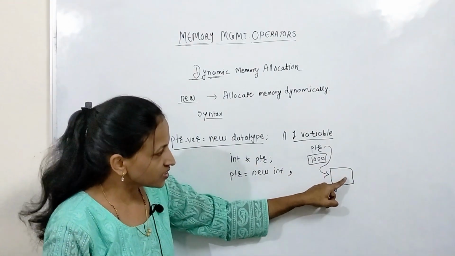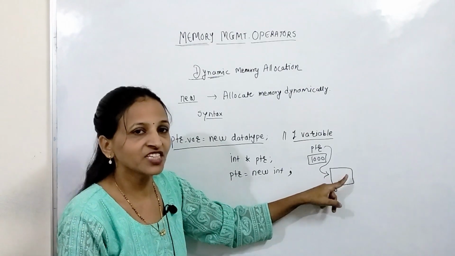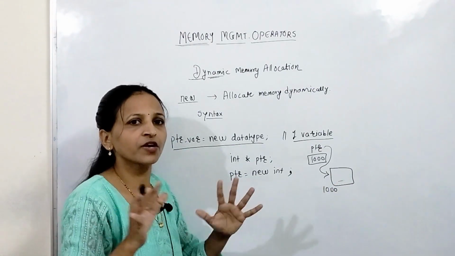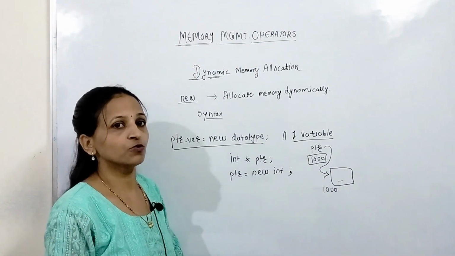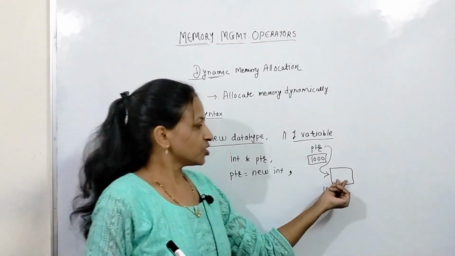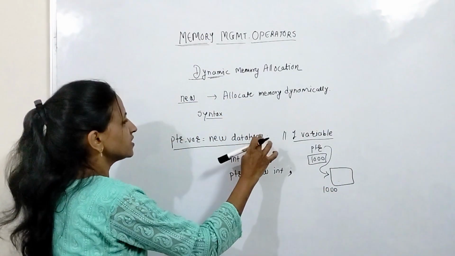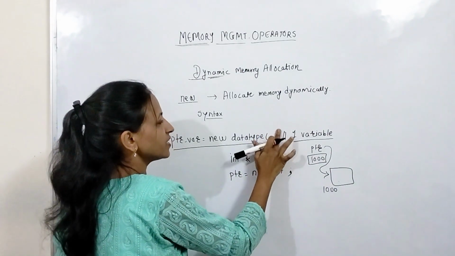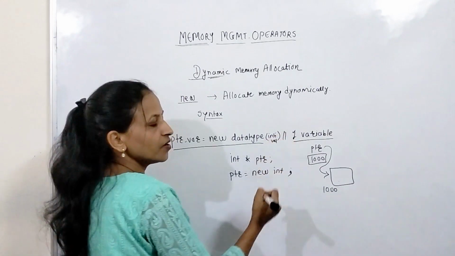Now using this ptr, you can store a value here, you can fetch whatever value is stored here, you can do any manipulation with this integer, but you have to use the pointer for that. If you want to give some initial value to this newly allocated block, then just change this syntax. Here you have to write in round brackets whatever initial value.